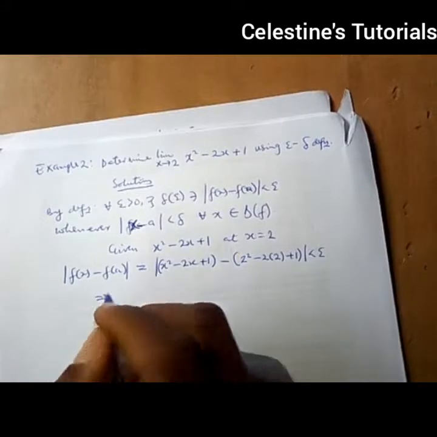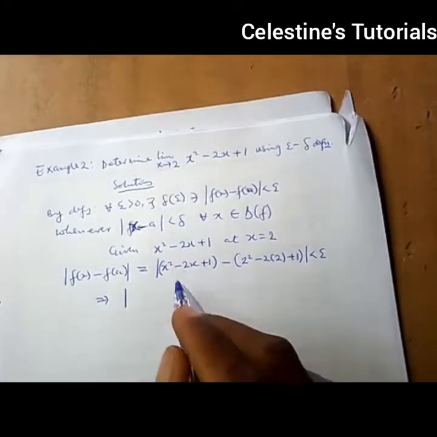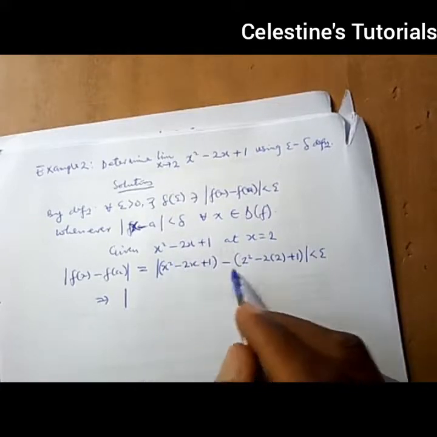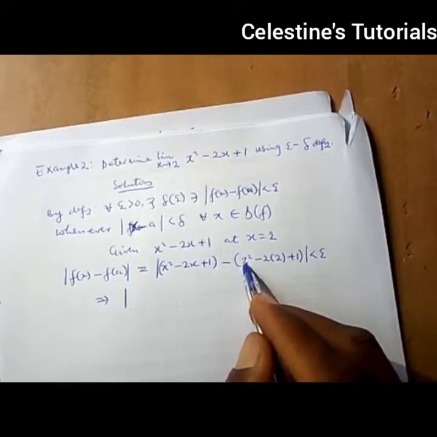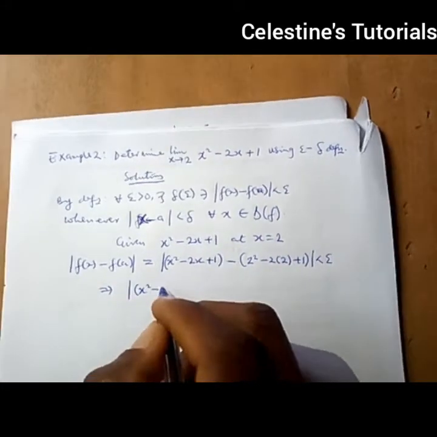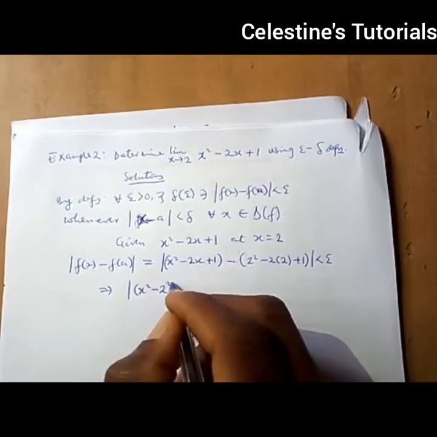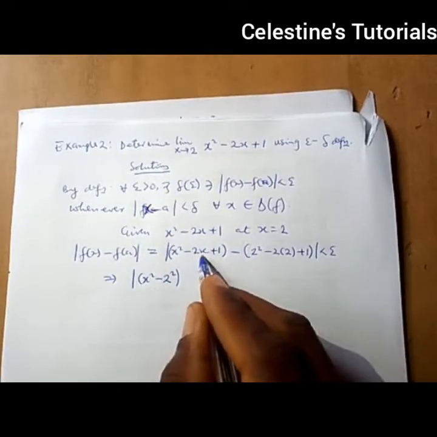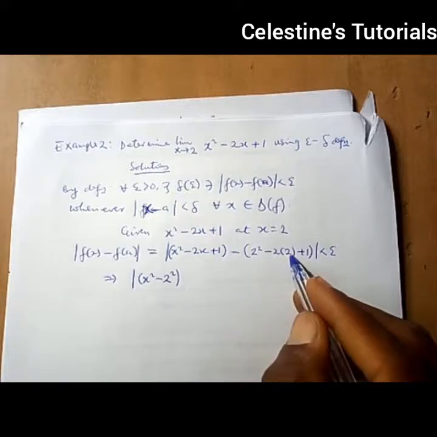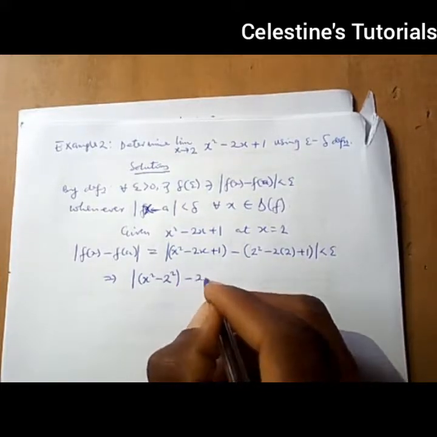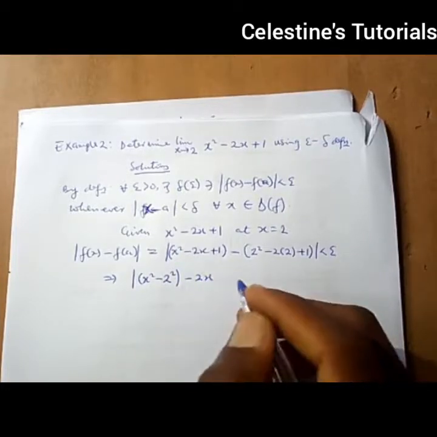So this implies, now from here you have to collect like terms. You have x squared minus 2 squared. Now you have minus 2x, you have minus 2 into x into 2. So they are common. You now write minus 2x.